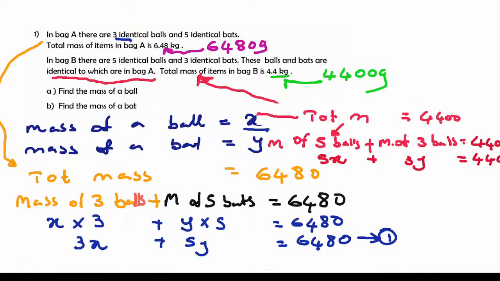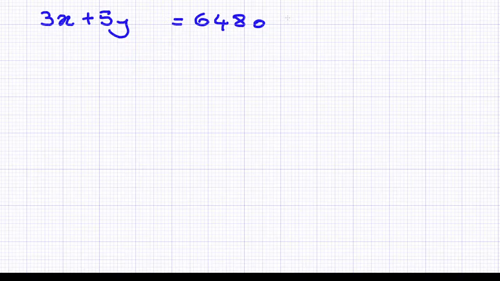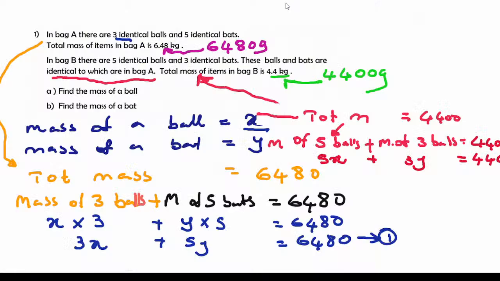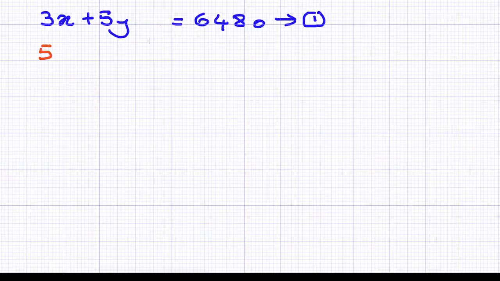So the first equation what we got was 3x plus 5y is equal to 6480. That's from bag A. Then from bag B, what we found out was 5x plus 3y equals 4400.